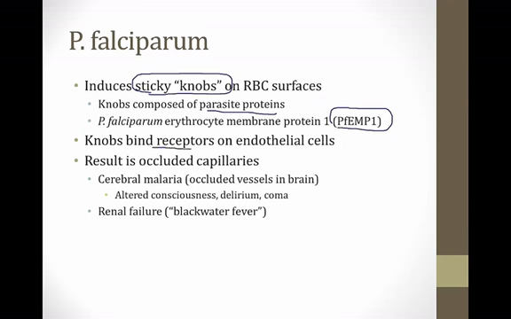And these knobs can bind to receptors on endothelial cells. This means that red blood cells infected with falciparum are more likely to gum up and occlude capillaries. This can lead to cerebral malaria. When you get occluded vessels in the brain, you can get altered consciousness and delirium and coma, and it can lead to renal failure, and this is how Plasmodium falciparum causes black water fever that I described before.